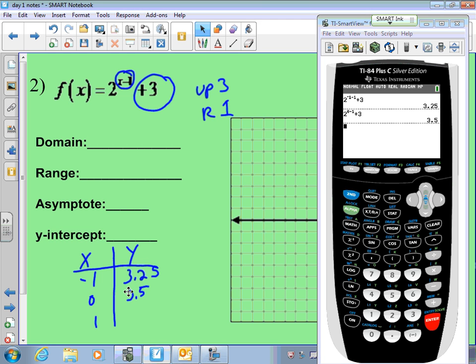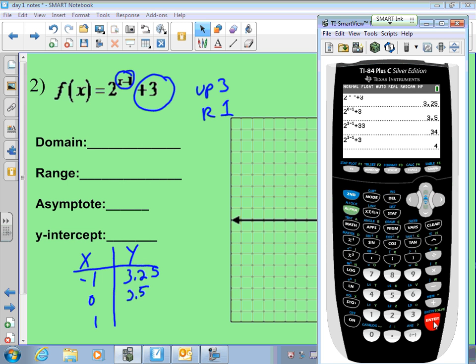And if I do 2 to the 1 minus 1 plus 3, we're going to get 4.